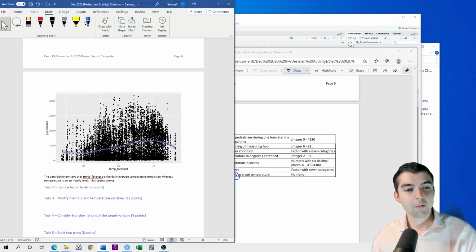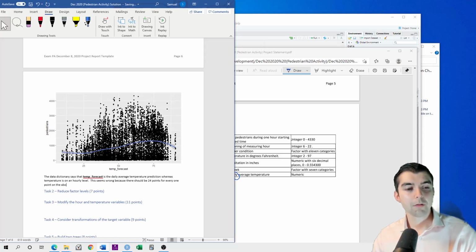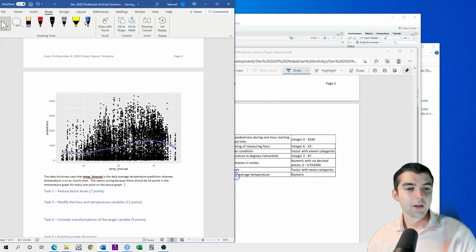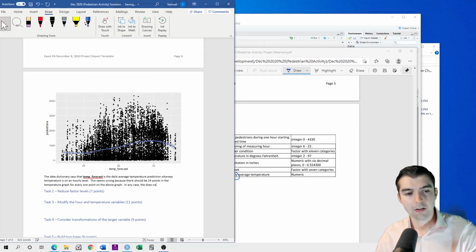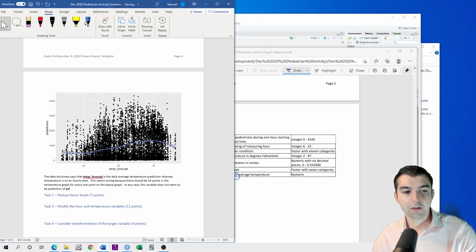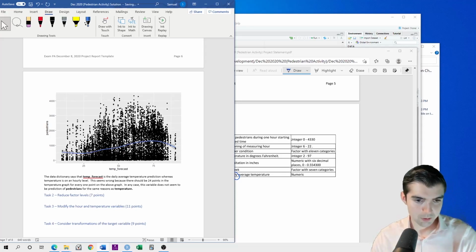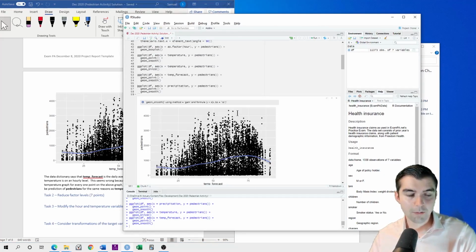This seems wrong because there should be 24 points in the temperature graph for every 1 point in the above graph. In any case, this variable does not seem to be predictive of pedestrians, for the same reasons as temperature. Done. Next one. Oh, that's it. Okay.